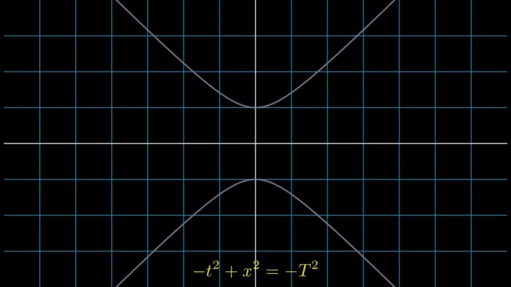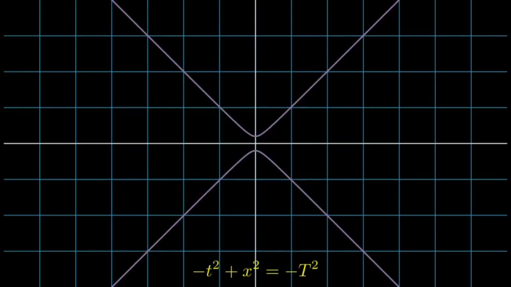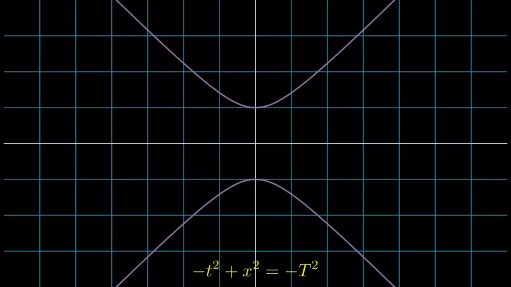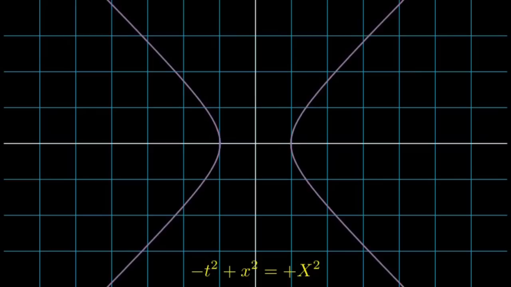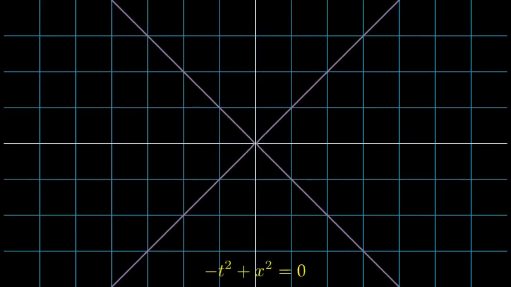By contrast, by rescaling the hyperbola, which has negative pseudo-distance, we can only get hyperbolae which also have negative pseudo-distance. But we can just as well consider hyperbolae which have positive pseudo-distance. So in contrast to Euclidean distance, where there's just one type of circle up to rescalings, we get two different kinds of hyperbolae up to rescaling. Here the degenerate case is also more interesting. Instead of a single point, we get two intersecting lines.